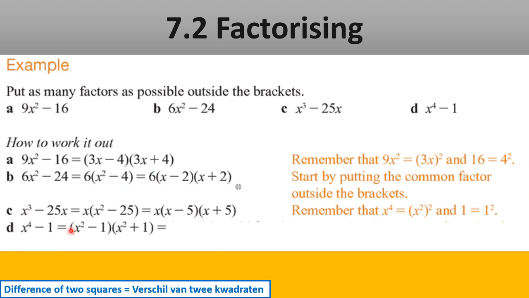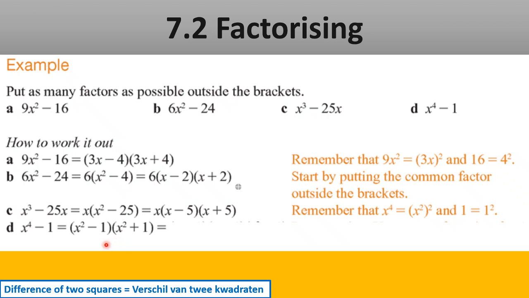Exercise D, as you can see, we have to remember that x to the power of 4 is the same as x squared squared, which is the same as doing x squared times itself, right? And 1, yeah, that's maybe a bit weird to say, but 1 is also a square of itself. 1 is 1 squared. So I can now rewrite this thing to x squared minus 1 times x squared plus 1. And then some of you might say, well, I'm already done here.